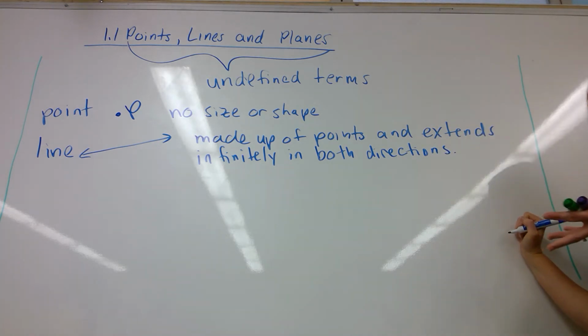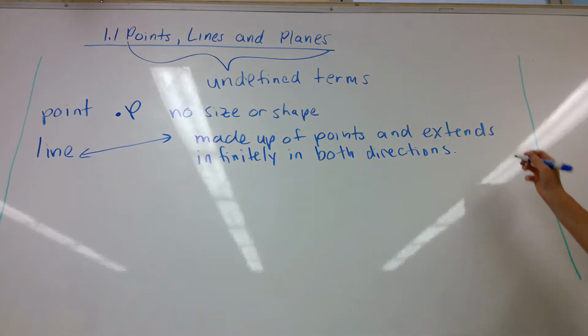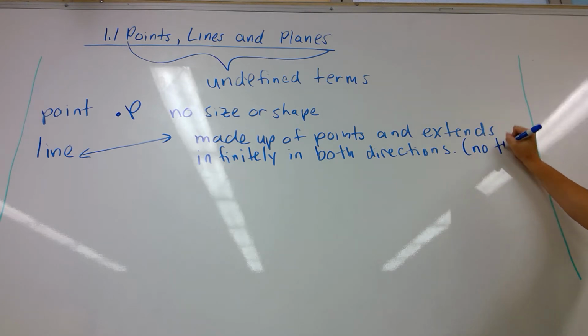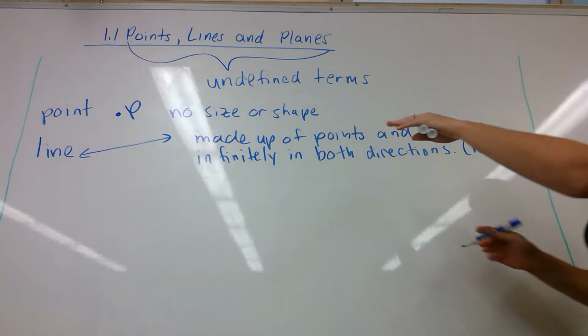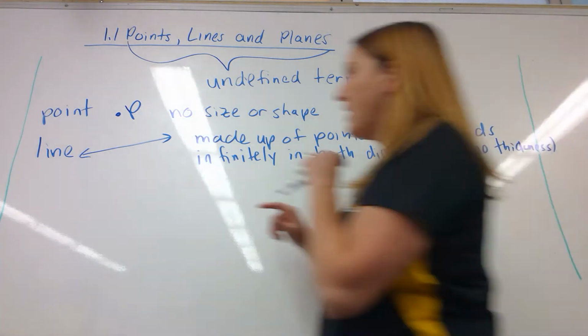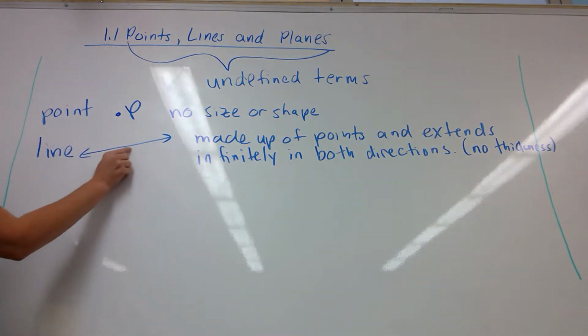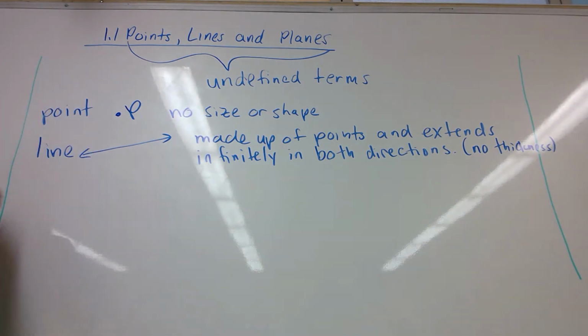That's the way we draw a line. It has no thickness. Even though in my drawing the line has a thickness, like what I drew with a marker, in reality it does not. That's just how we draw it.